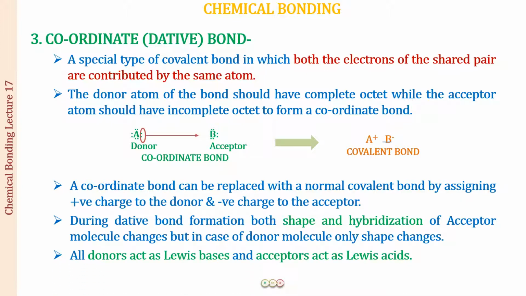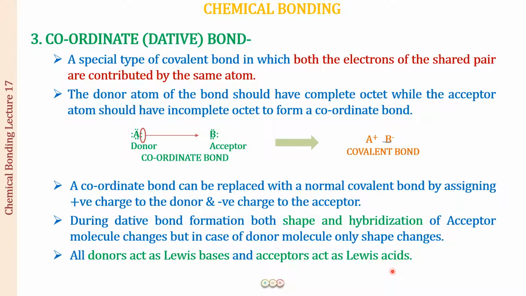All donors act as Lewis bases, and acceptors act as Lewis acids. Well, till now, that is in class 10th, what you have learned about acids and bases is that an acid is one that is going to release H ions, and a base is one that is going to release OH ions.